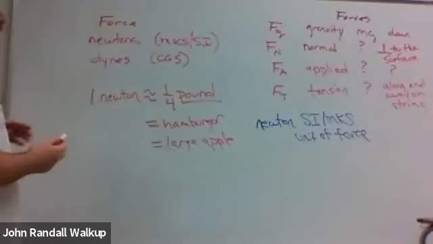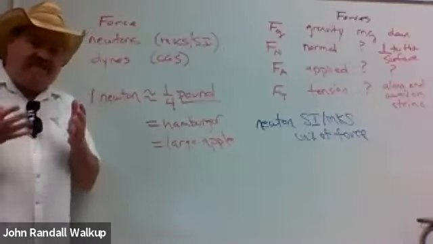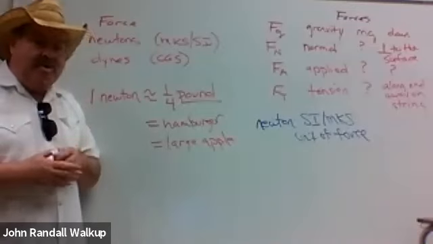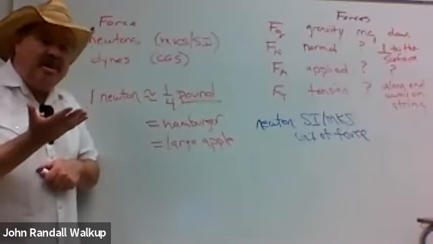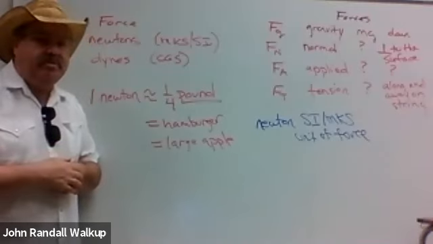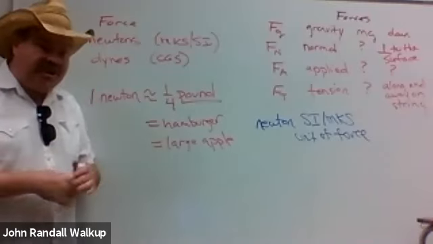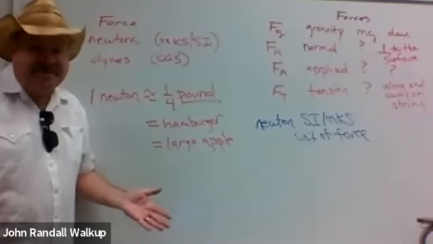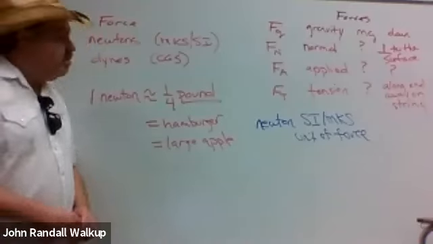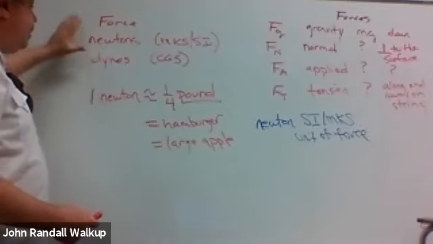Okay, so if you want to know how big a newton of force is, put an apple in your hand, and what you're applying to that apple is about a newton of force. So 100 newtons is a bag of apples, 100 of them. Very simple. So at any rate, this is the unit.